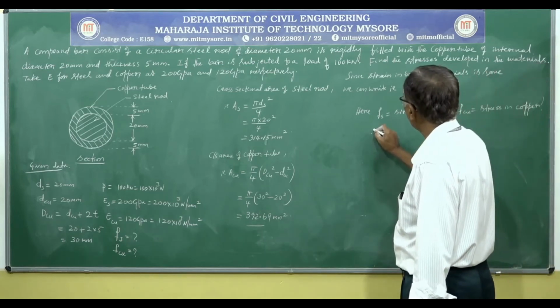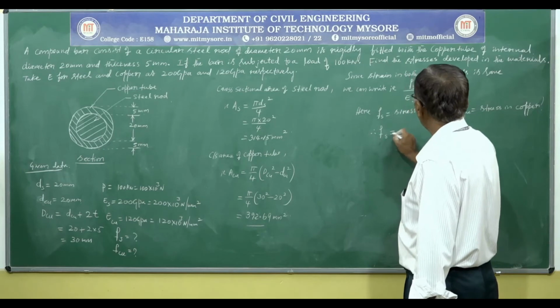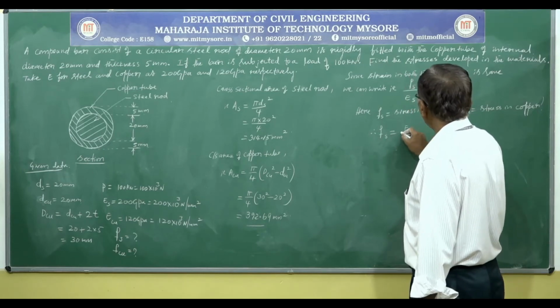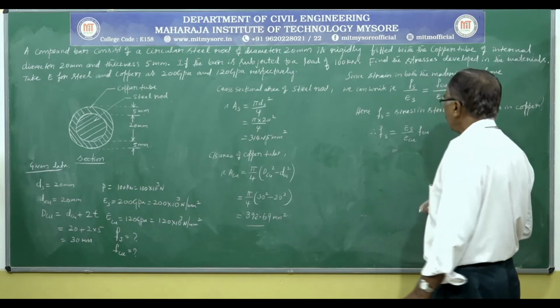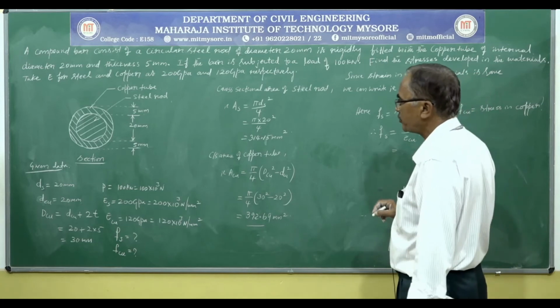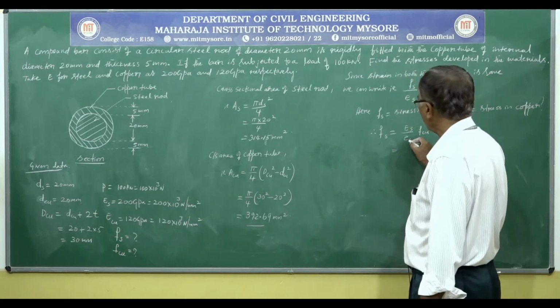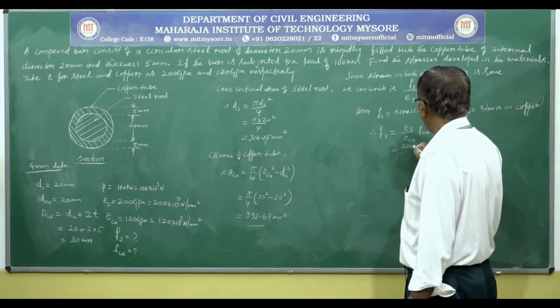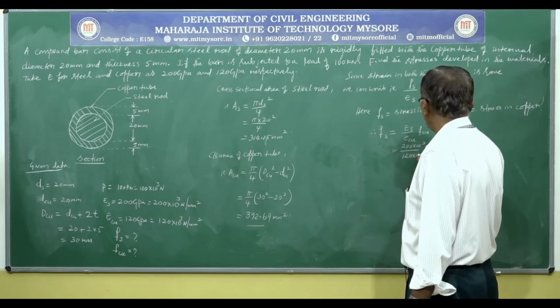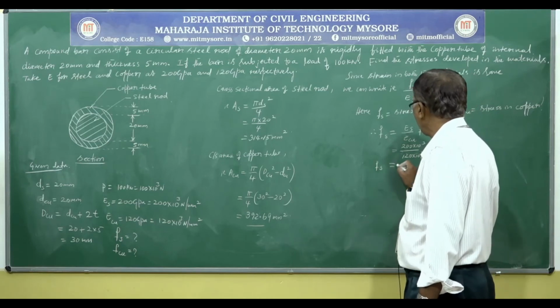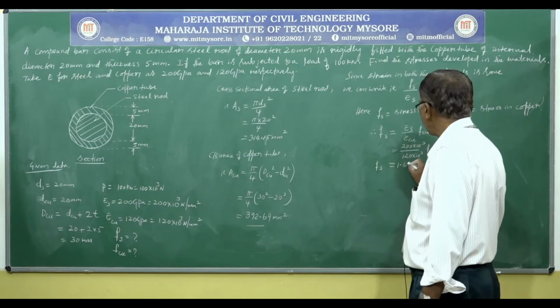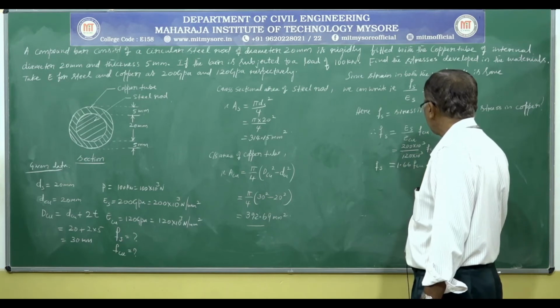Therefore, Fs is equal to Es divided by Ecu into Fcu. So we know Es, Young's modulus of steel, it is 200 into 10 power 3, divided by 120 into 10 power 3 into Fcu, that is equal to 1.66 times of Fcu.